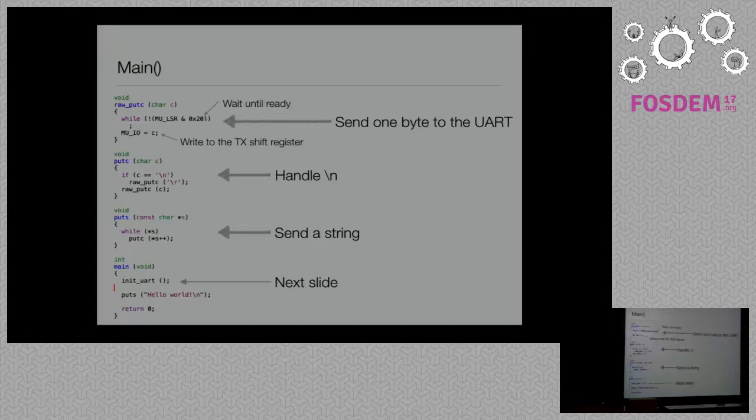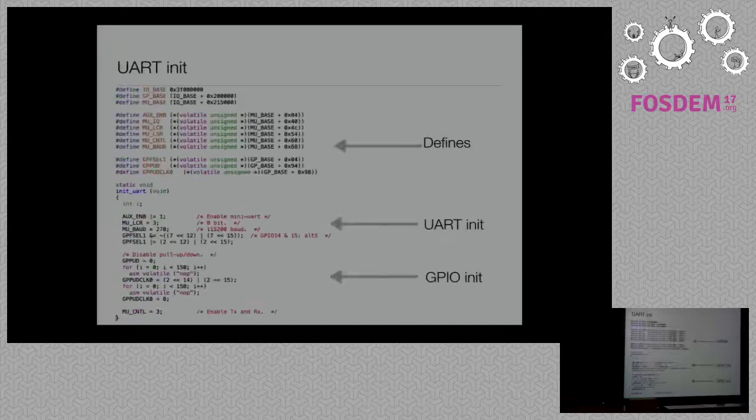This is how to initialize the UART. So this is most of the code. This is very bare metal stuff. We change some bits at some specific addresses that are specified here.